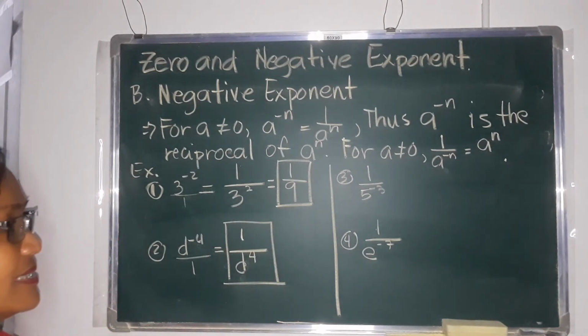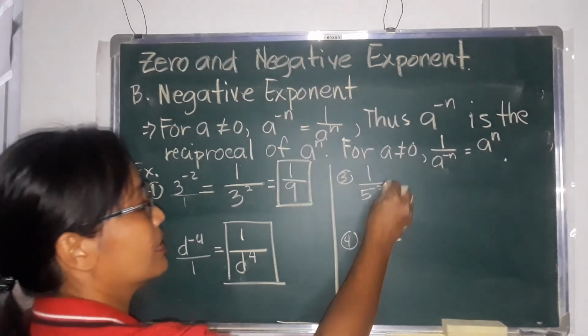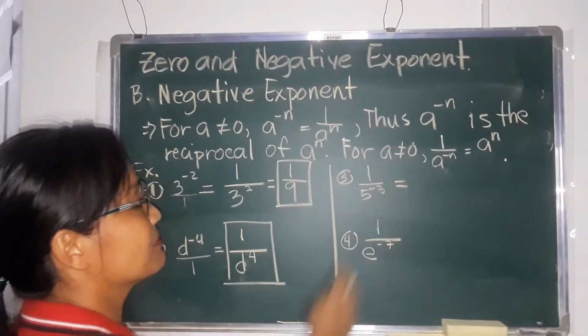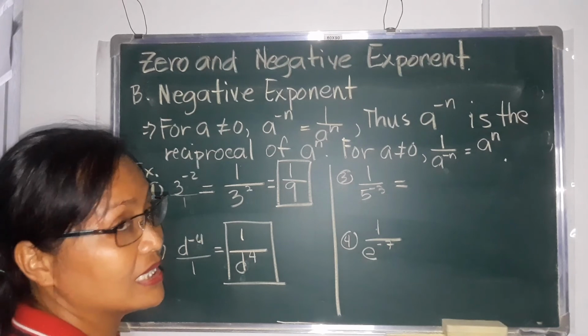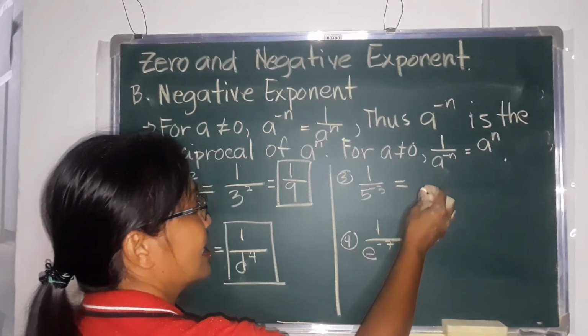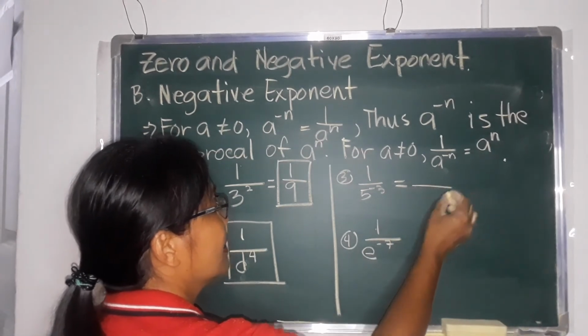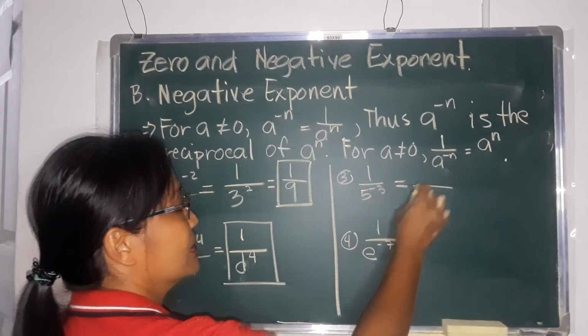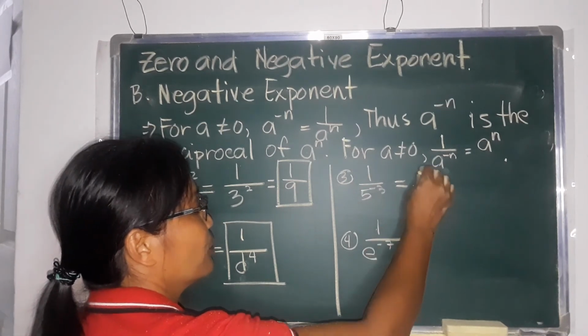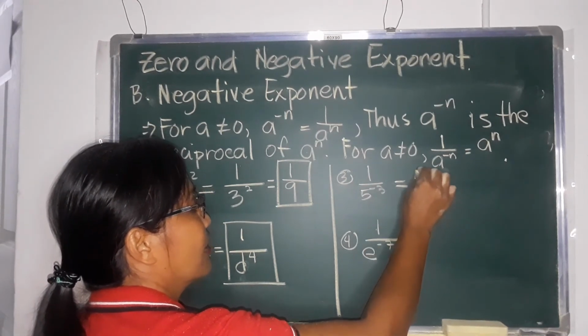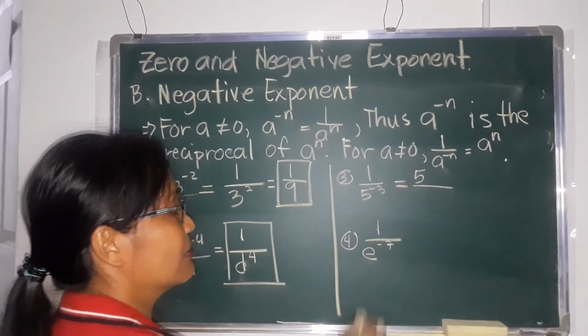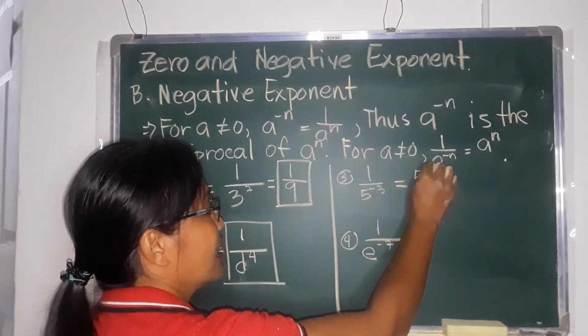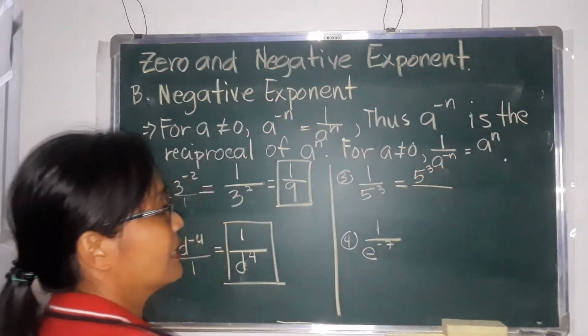Next, example number 3. We have here 1 over 5 raised to negative 3. Again, just get the reciprocal, put a line, and then the negative exponent will be moved from the denominator to the numerator. So, copy 5, 3, and then remove the negative sign.